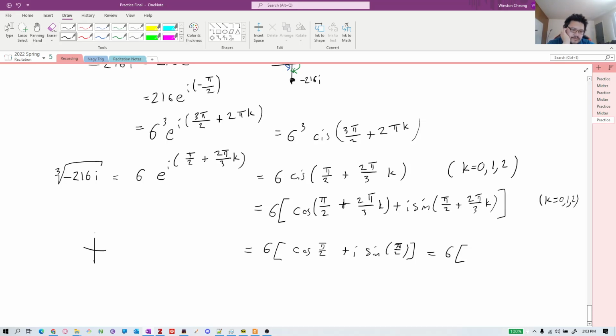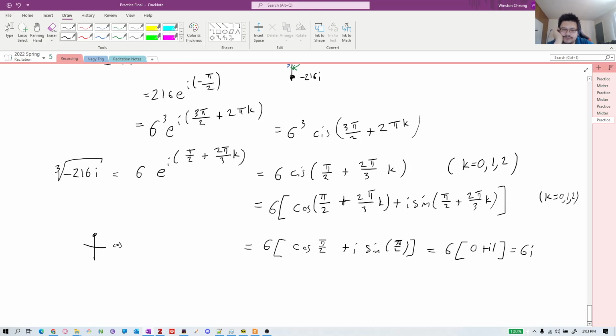Pi is here, pi over 2 is this point here. Cosine is the x-coordinate, which is 0. So 0 plus i sine of pi over 2, which is going to be 1, but you have an i in front of it. So you end up with 6i as this solution.